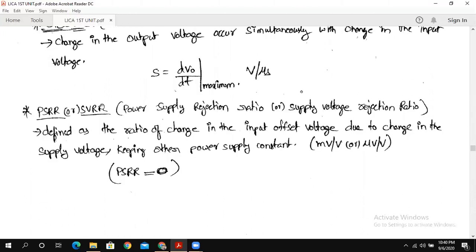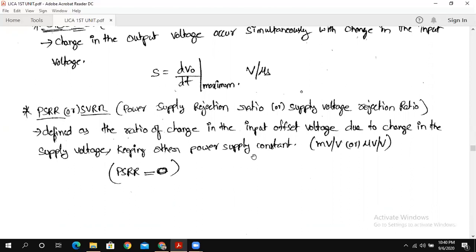Next, power supply rejection ratio or supply voltage rejection ratio, PSRR or SVRR. It must be 0. What does PSRR mean? It is defined as the ratio of the change in the input offset voltage to the change in the supply voltage, keeping the other power supply voltage constant.